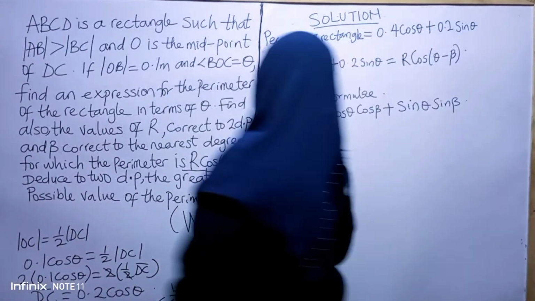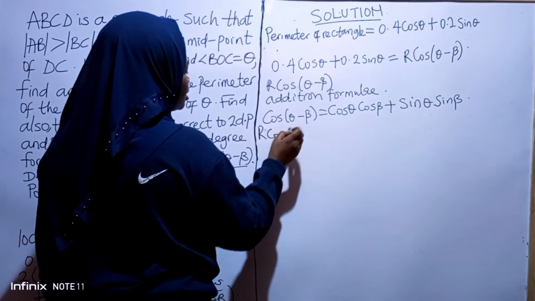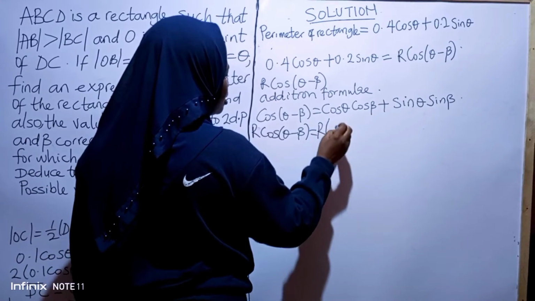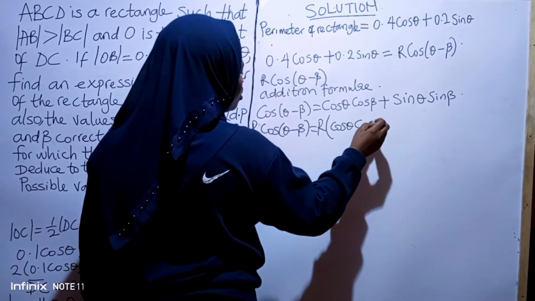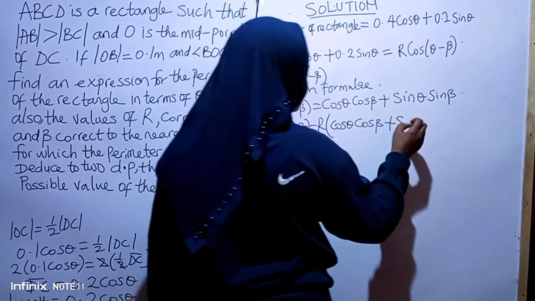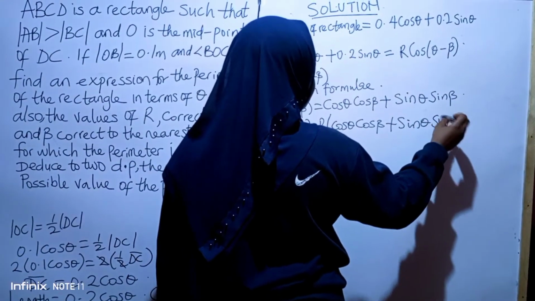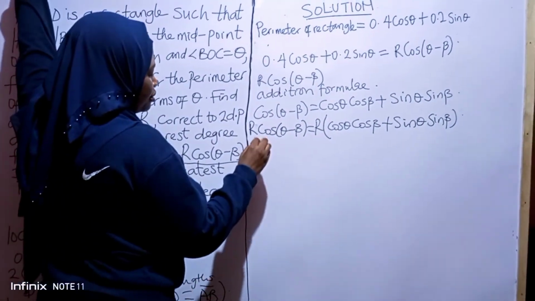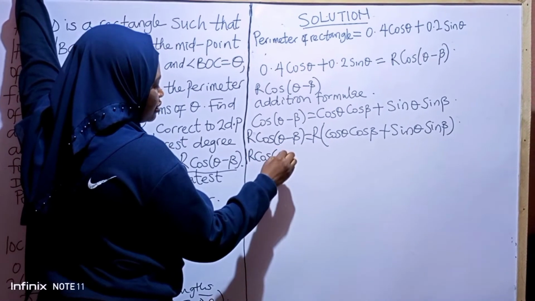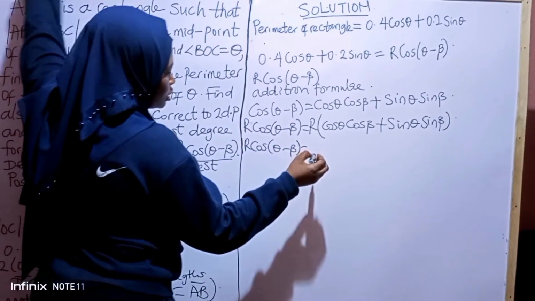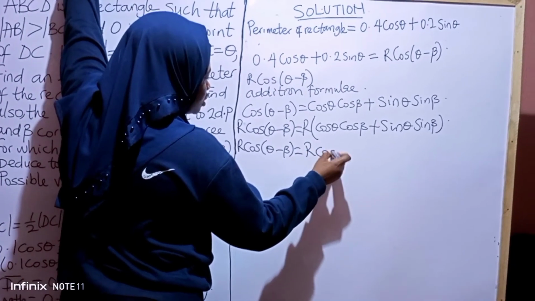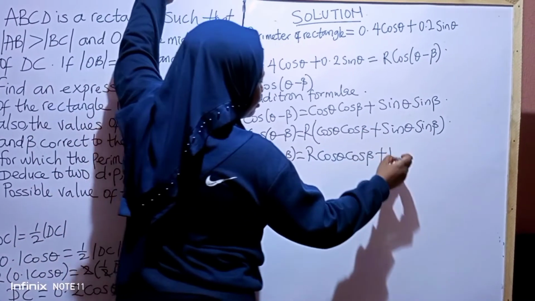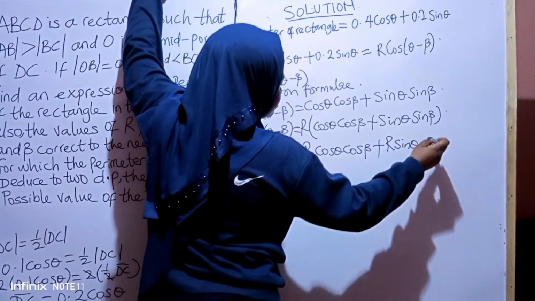So let's put R back. R cos(theta minus beta) will be equal to R into brackets cos theta cos beta plus sin theta sin beta. So let's expand. We have R cos(theta minus beta) equal to R cos theta cos beta plus R sin theta sin beta.